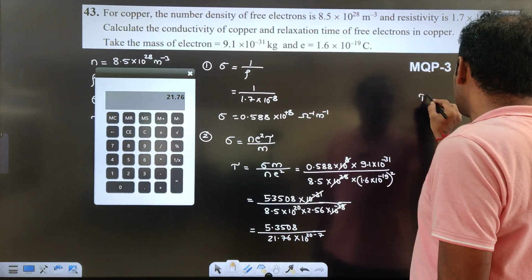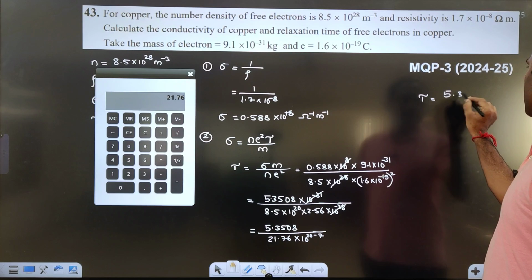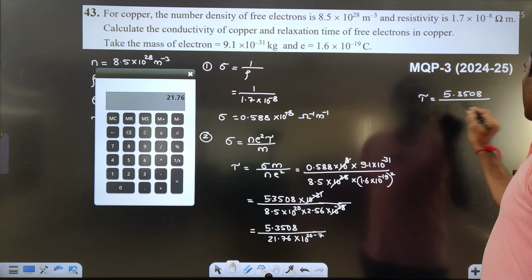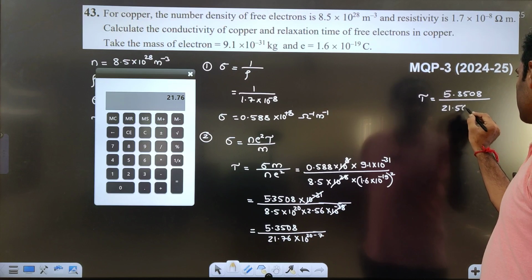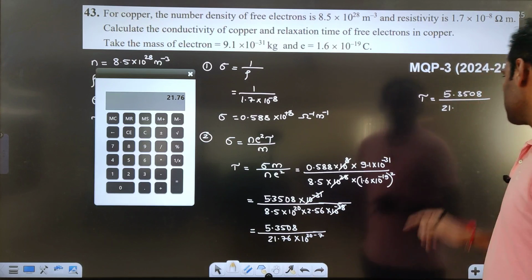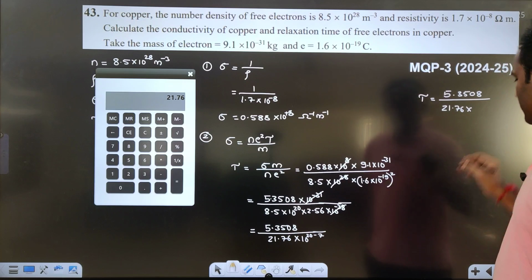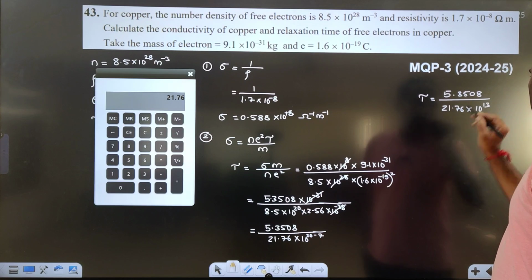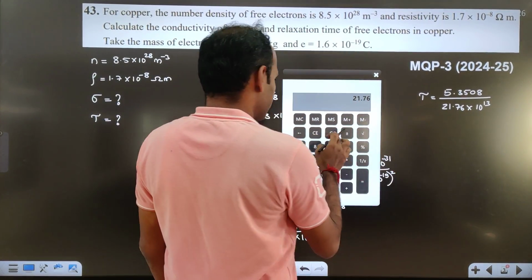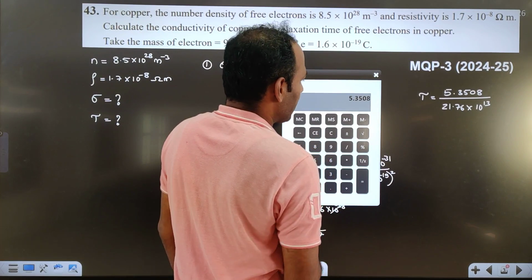So relaxation time is equal to 5.3508 divided by 21.76 into 10 to the power plus 13. Now we'll divide this 5.3508.